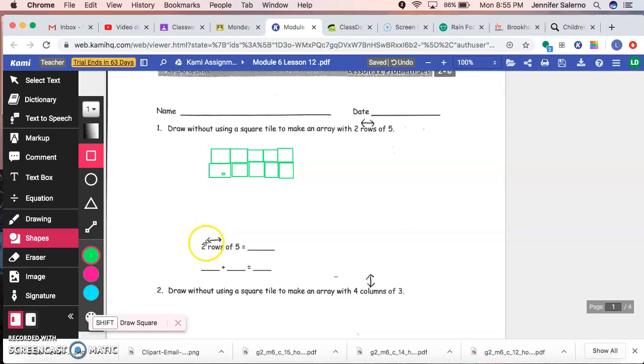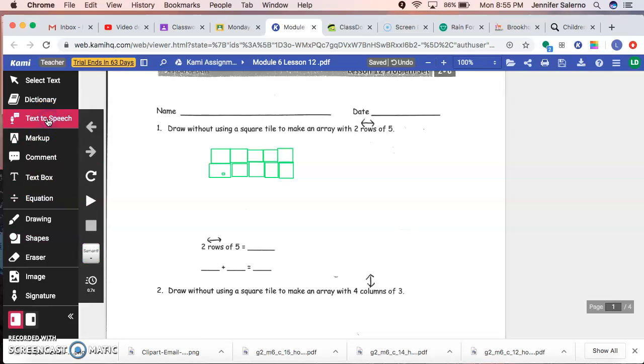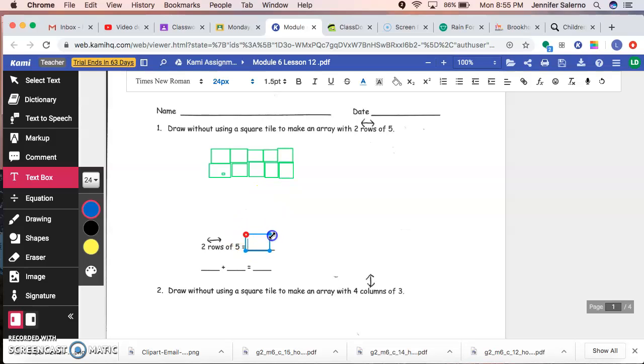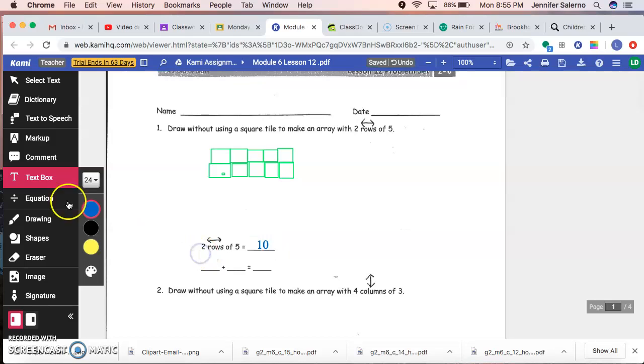Then I come down here and it says 2 rows of 5 equals, well, what does 2 rows of 5 equal? Okay, and that just means count it up. 1, 2, 3, 4, 5, 6, 7, 8, 9, 10. So my answer is 10, okay? So today I'm actually going to use my text box and I'm going to type in 10, okay?